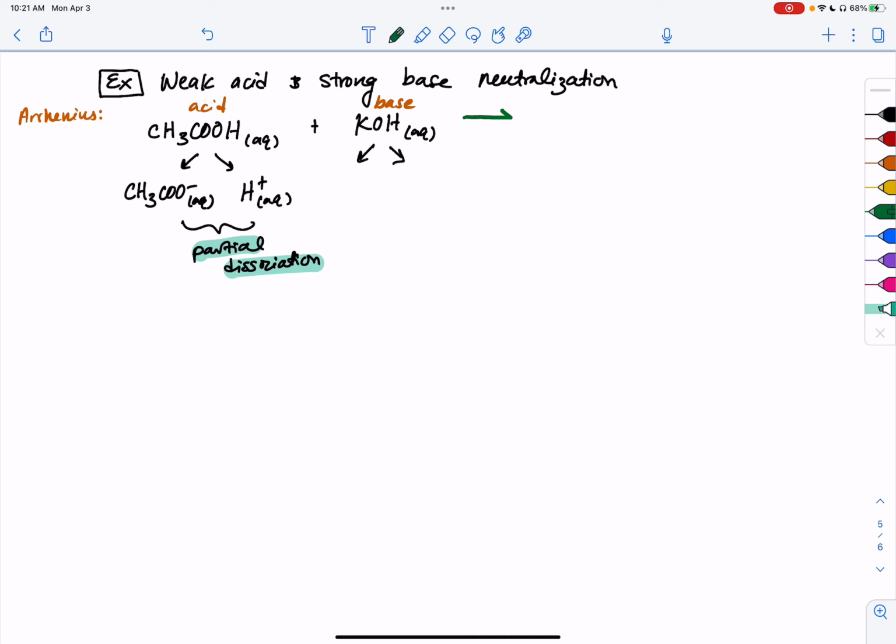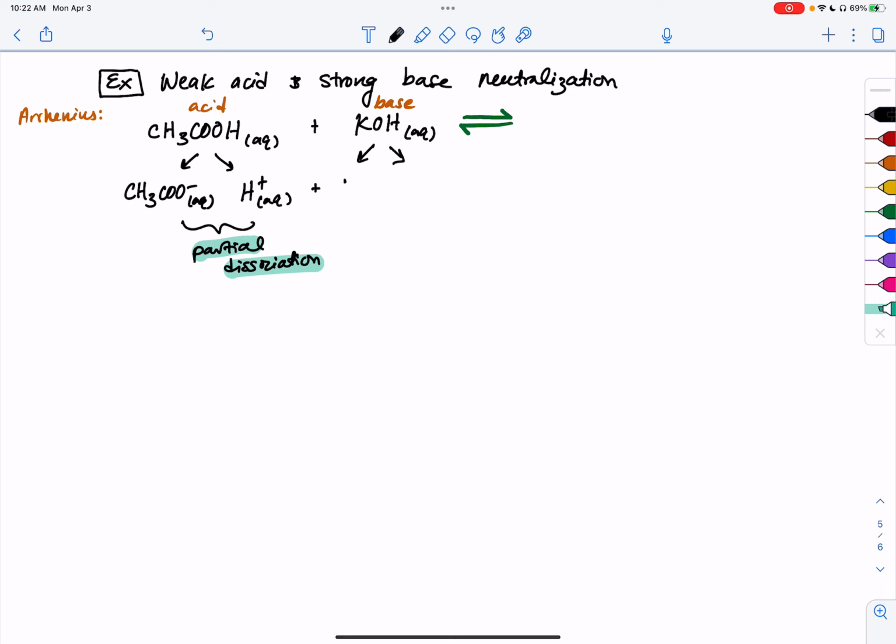But then I have to take into account the fact that my acid does not always have that H plus available to donate, because it's in a state of equilibrium between being separated into its H plus and acetate versus not. So anytime we're looking at weak reactions, we are always going to use this kind of double arrow notation, just to indicate that we are fully aware that we've got weak or partial dissociation here for our species, whether it's a weak acid or a weak base.